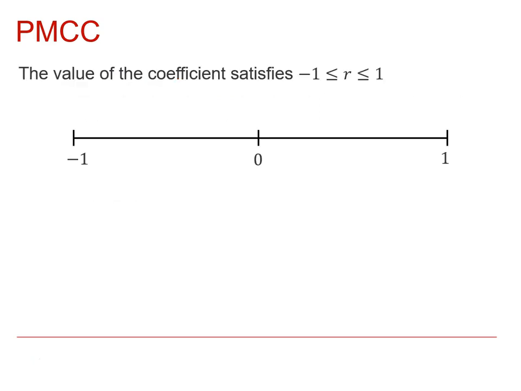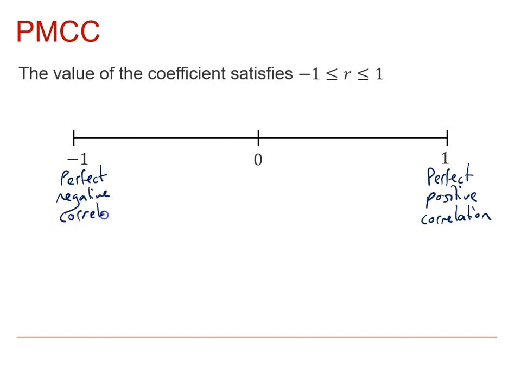The value of the coefficient lies between -1 and 1, where 1 represents perfect positive correlation, and -1 represents perfect negative correlation. The point in the middle represents no correlation whatsoever.